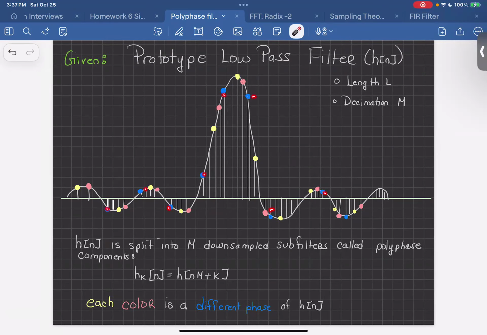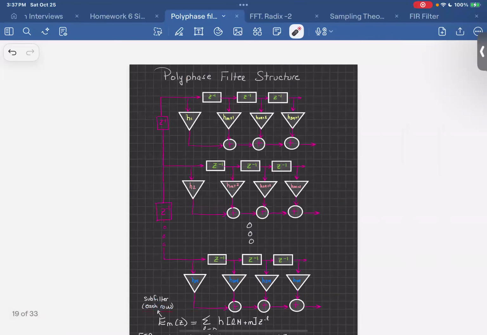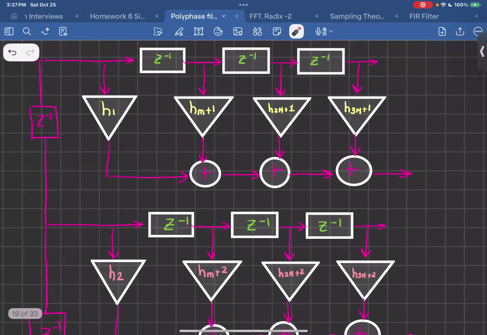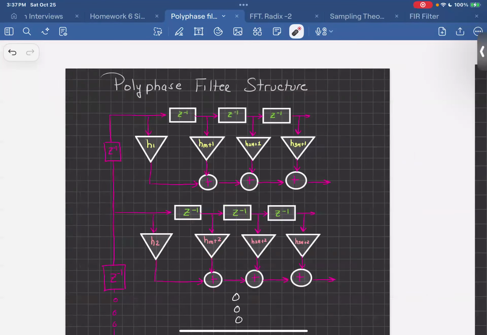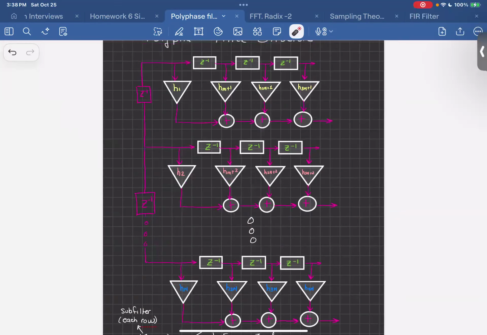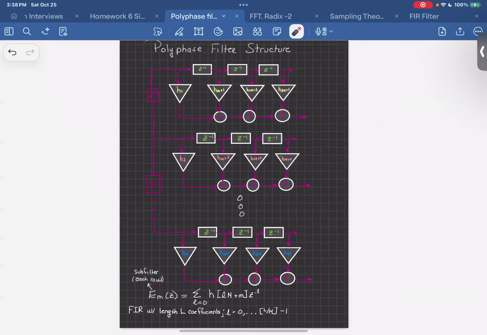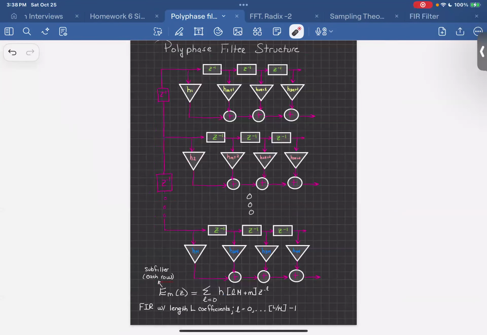So you keep up with the colors. And each color is a row. So each color is a row in your new structure. So where this structure would be all one row, I still have all my filter coefficients. Everything I would normally have, I just arranged them in this particular way.